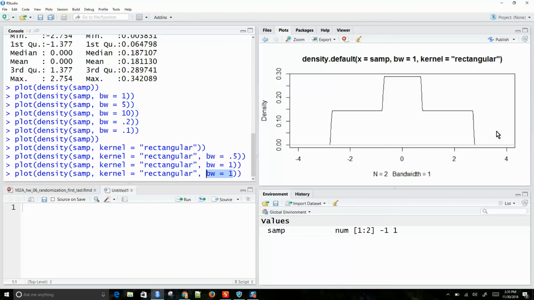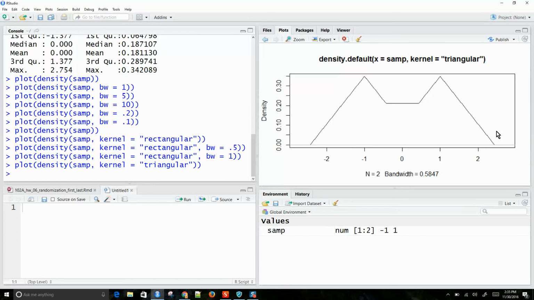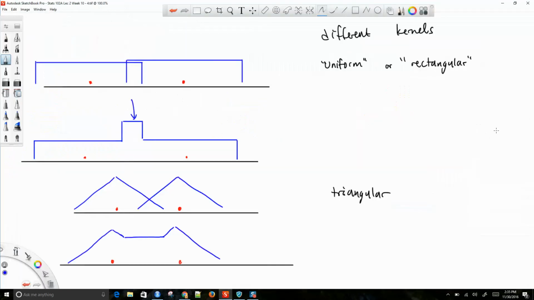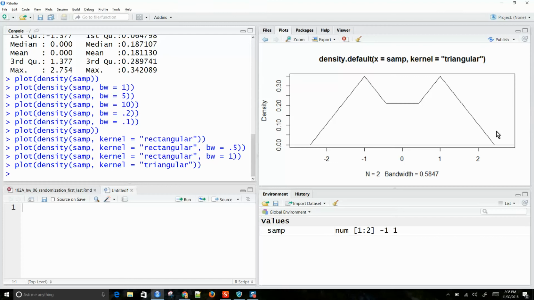We can change it to a triangular one. Okay, and I think this is kind of the picture I drew here. Again, you can imagine 2 triangles being added, one centered at 1 and the other at -1, and those 2 going together.